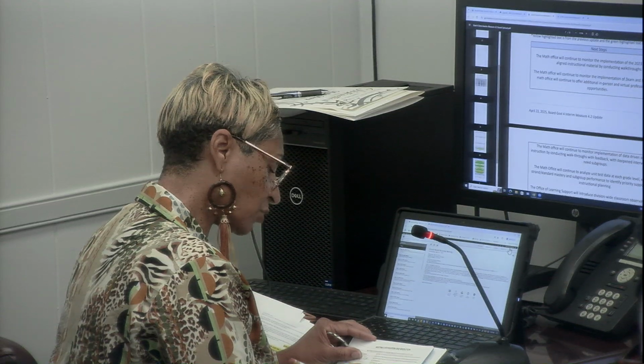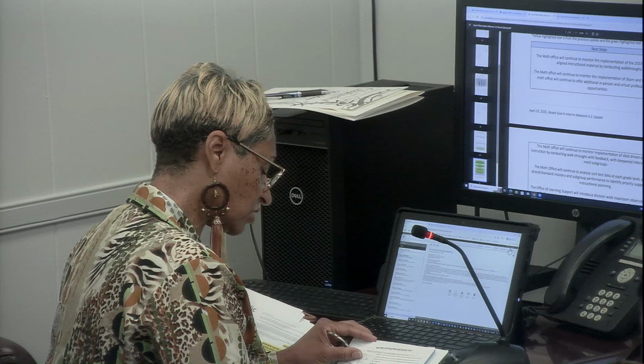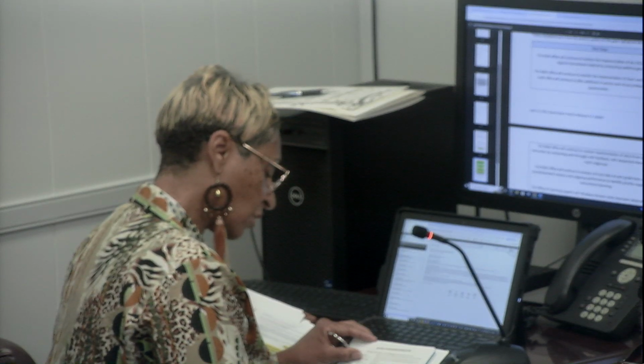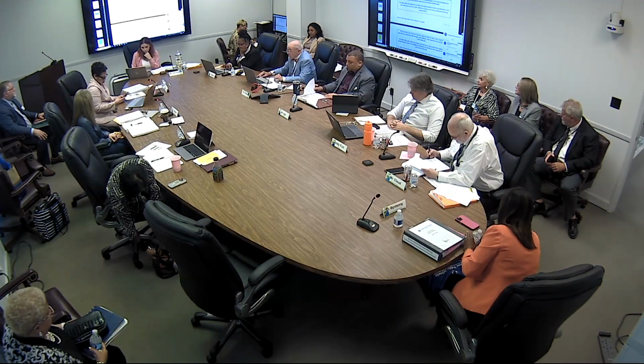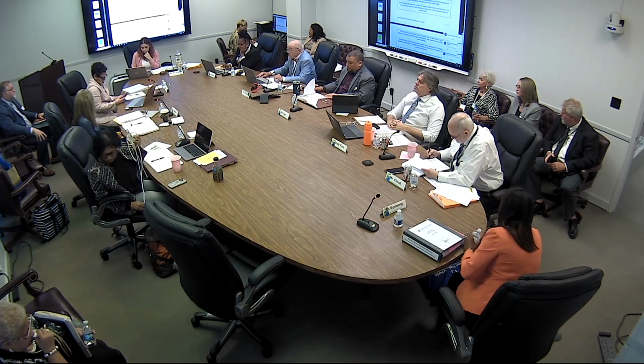The subject of this portion of the session is the discussion of students on today's regular student support agenda, and consultation with legal counsel and briefing by staff members pertaining to actual or probable litigation or regarding specific legal matters requiring the provision of legal advice by counsel pursuant to subsections 2.2-3711A7 and 8 of the Act.